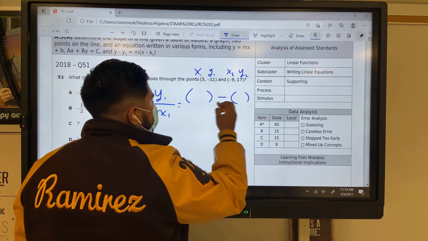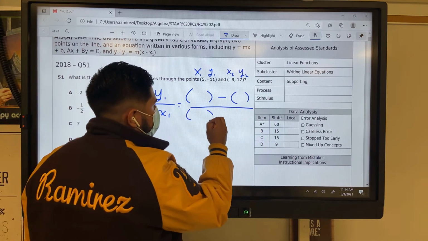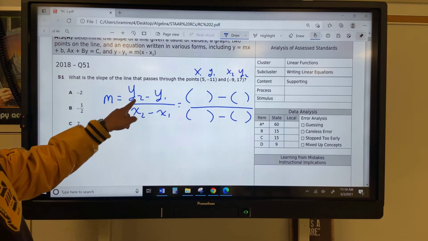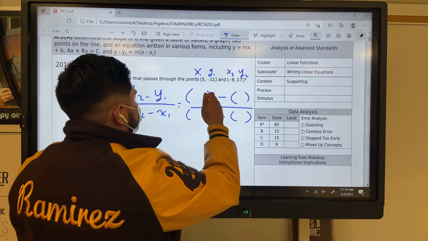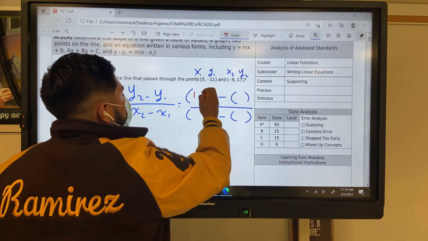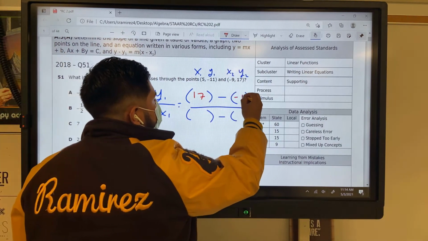We're going to use a calculator, and it's going to be beautiful. Minus. Wondering why there's a minus? I'm following the formula. Then we put in one at a time. y2 goes in the first one. That's 17. Y1 is negative 11.